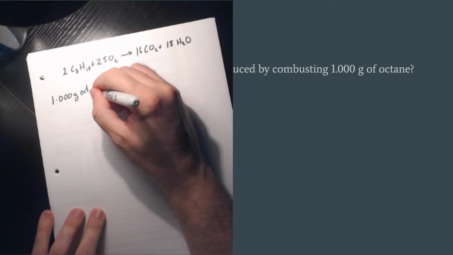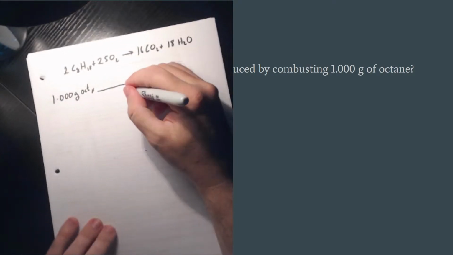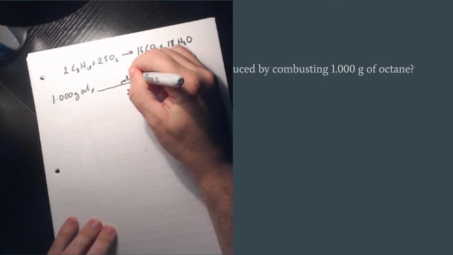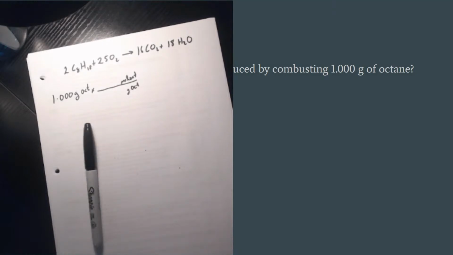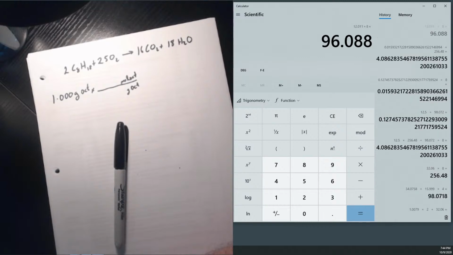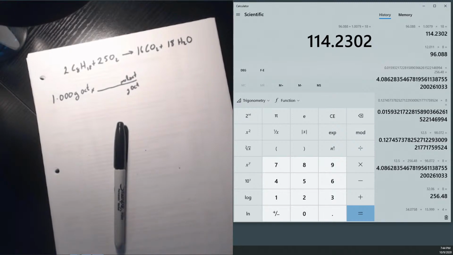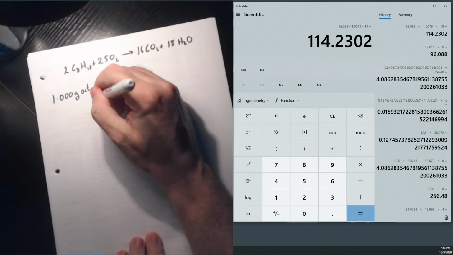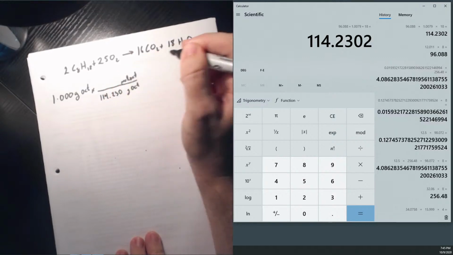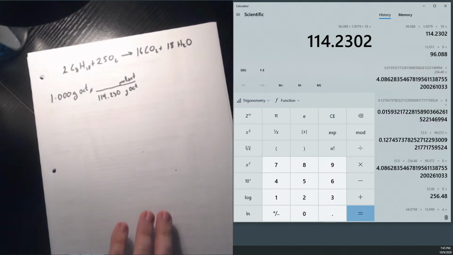Now we need the molar mass of our octane, but it's going to be grams of octane per mole of octane. Back to the calculator. 12.011 times 8 plus 1.0079 times 18. 114.230 grams per mole.